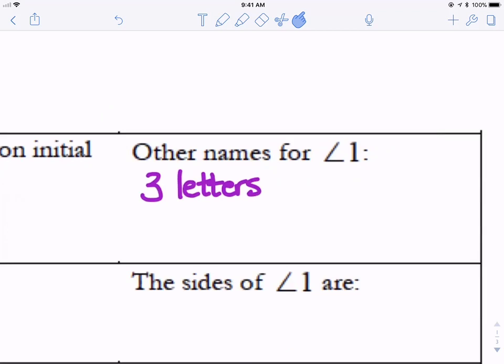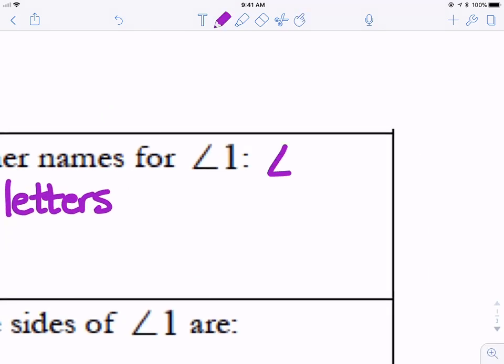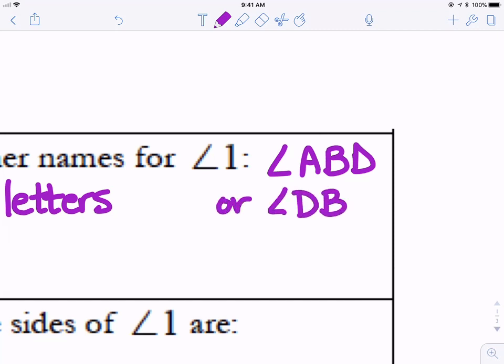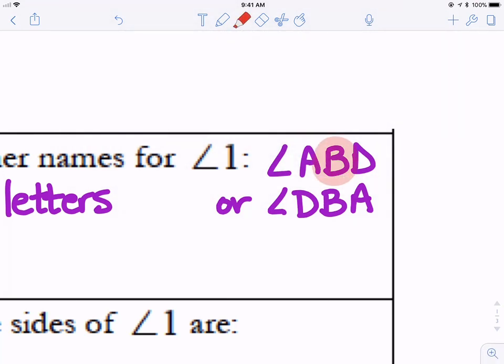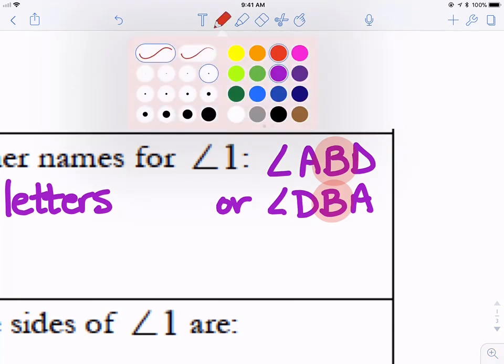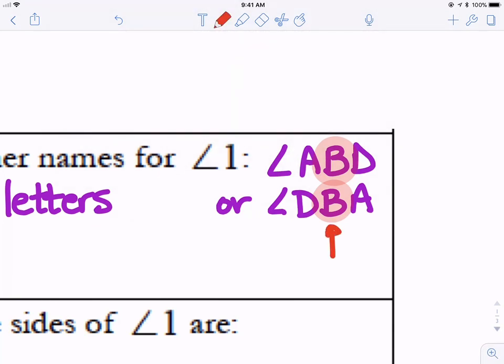So that would be angle ABD, or angle DBA. But what's special about the middle letter here is that that is the vertex of the angle, or in other words, that common initial point of the two rays.